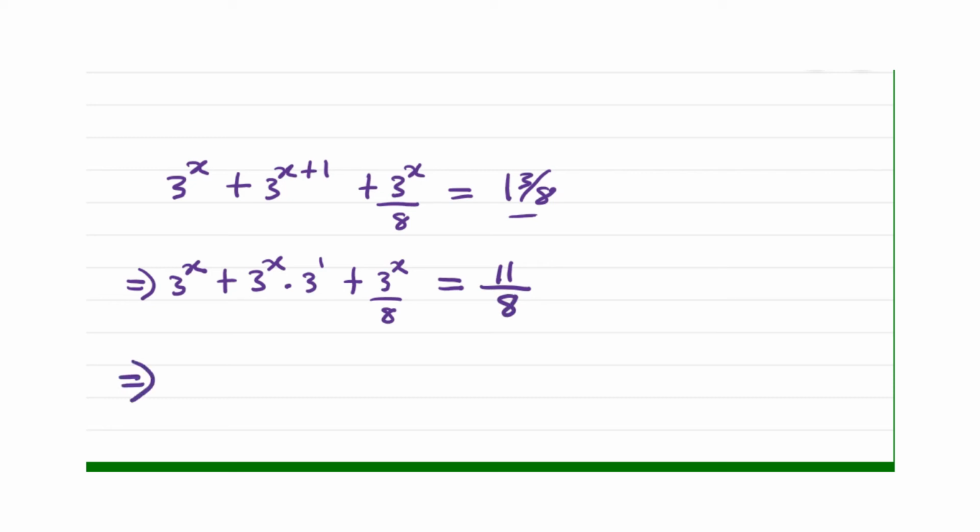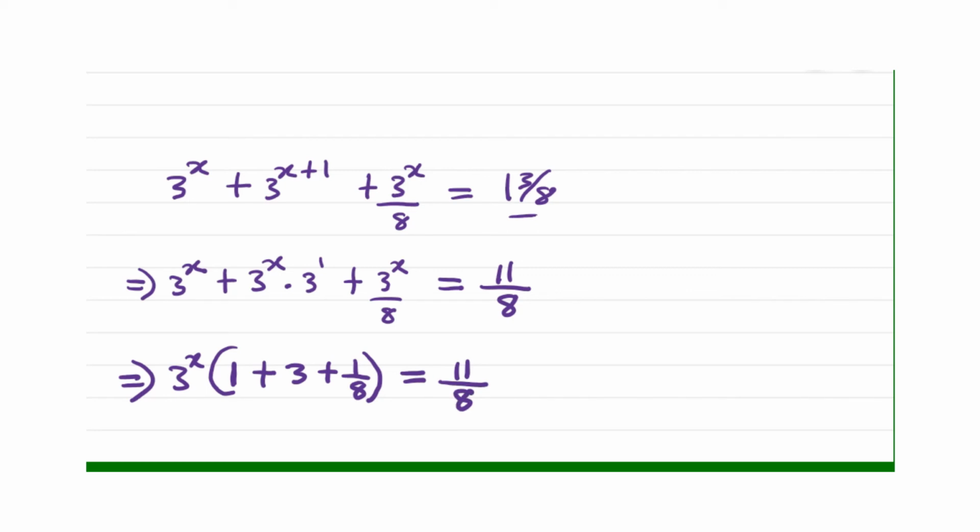Now, going forward, I'm sure we can see on the left hand side 3 to the power x is a common factor, which means here I'll be left with 1 plus here I'll be left with a 3 plus again here it will be 1 over 8, close bracket, is equal to 11 over 8.